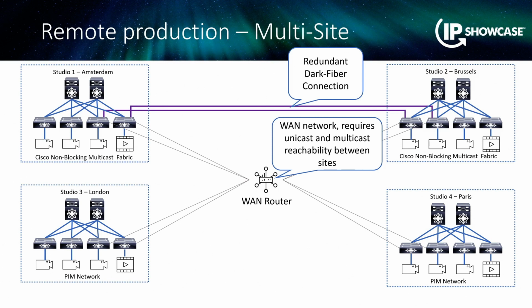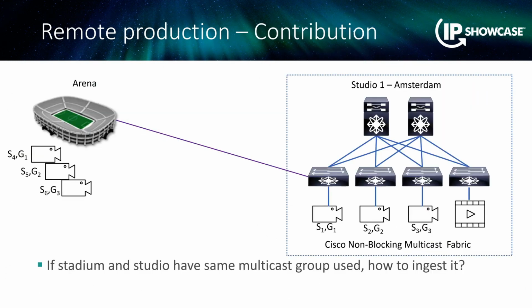So let's look at a different use case, contribution. Let's say that we have a studio somewhere in Amsterdam, and then we have an arena or stadium, which is contributing a signal. However, what's happening here?